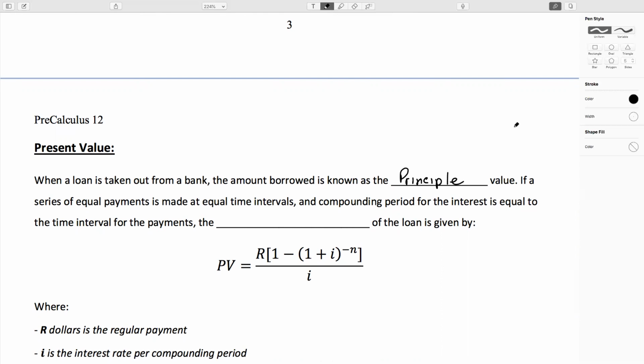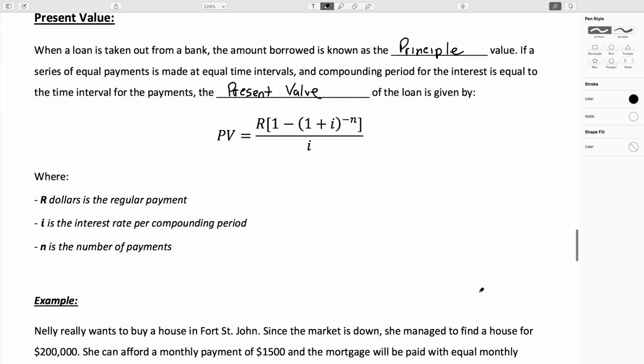If a series of equal payments is made at equal time intervals and the compounding period for interest is equal to the time interval for the payments, then we can use the present value formula. The present value of the loan tells you how much the loan is going to be worth at a given point in time.